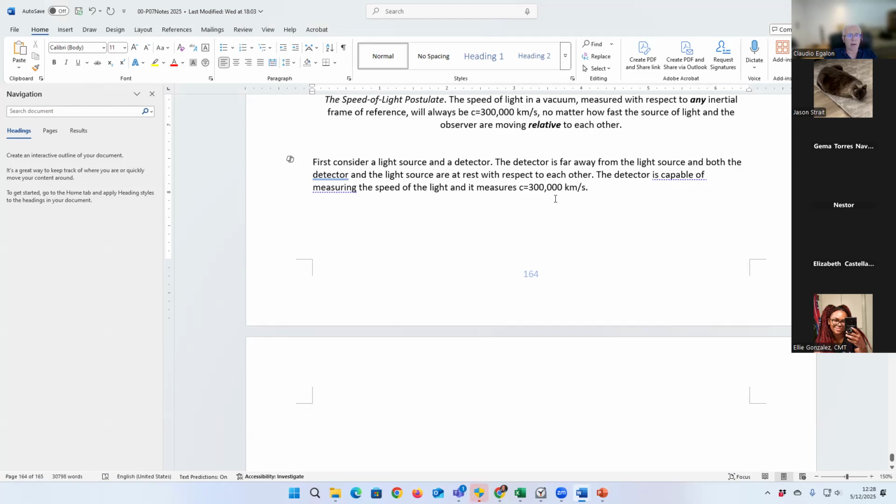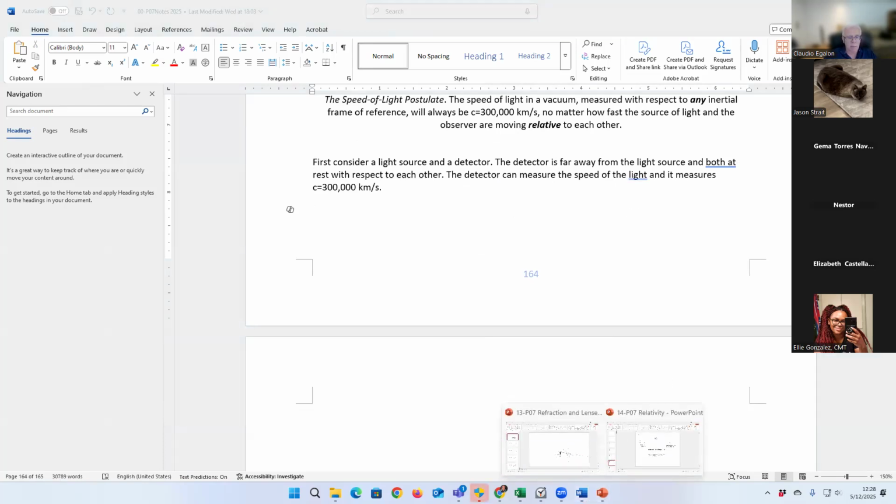The detector is far away from the light source, and don't forget, it can be a laser. Both the detector and the light source are at rest with respect to each other. The detector is capable of measuring the speed of the light somehow, and it measures c equal to 300,000 kilometers per second. So that's the first piece in our puzzle.